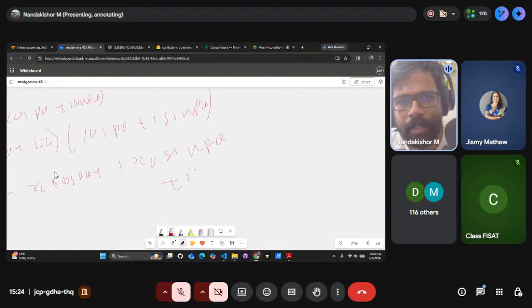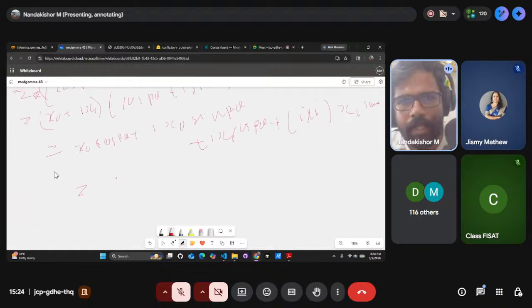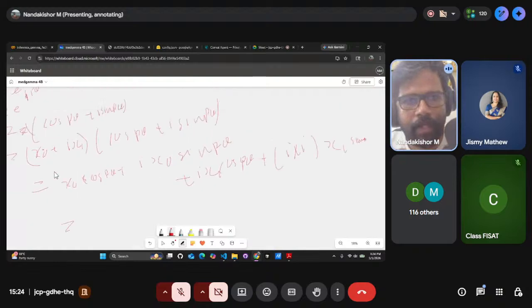Then i x1 cos p theta plus i multiplied by i x1 sin p theta, right? So you have x0 cos p theta, then i x0 sin p theta, then i x1 cos p theta, then i multiplied by i x1 sin p theta.